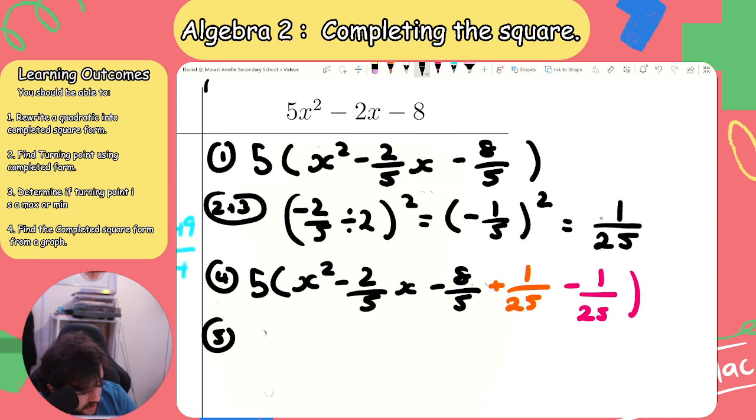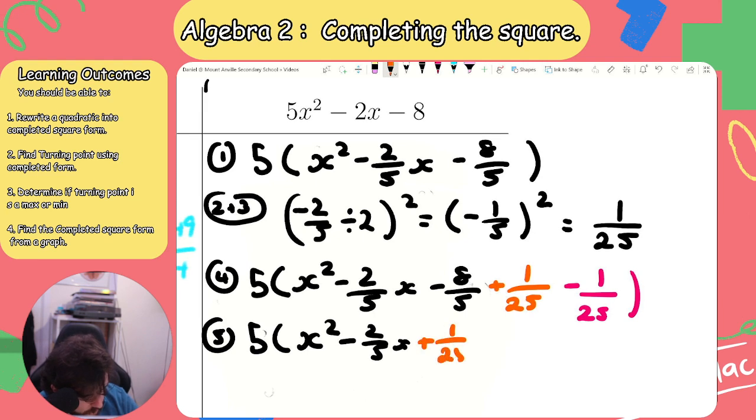I'm going to bring this positive 1/25 over to my x squared and x term. So I have 5 times x squared minus 2 over 5 x plus 1 over 25, minus 8 over 5 minus 1 over 25.